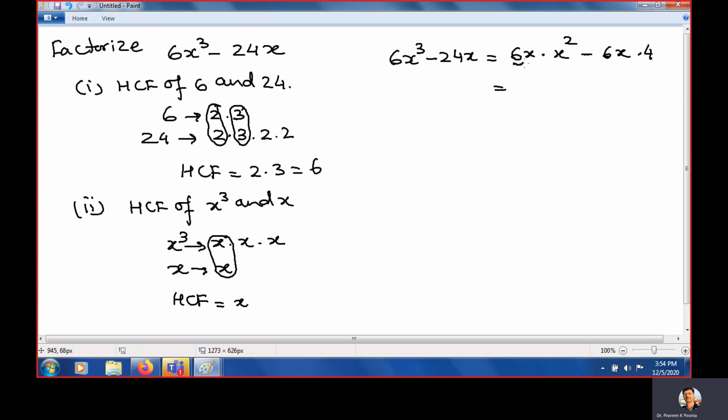Okay, so taking this term 6x common, it is x power 2 minus 4. This is the answer. So we have got the factors: one factor is 6x, another factor is x square minus 4. So this is about the factors of simple expressions.